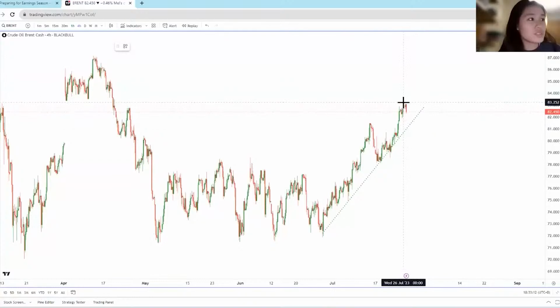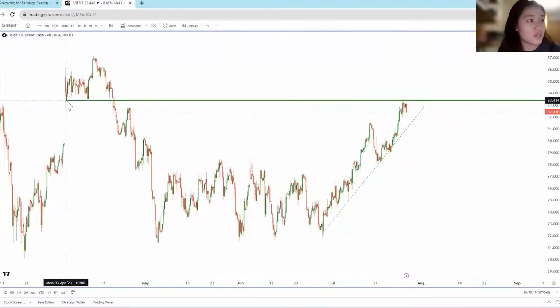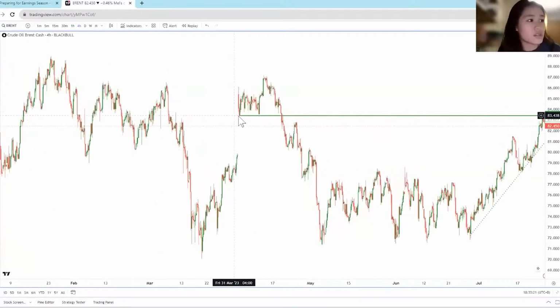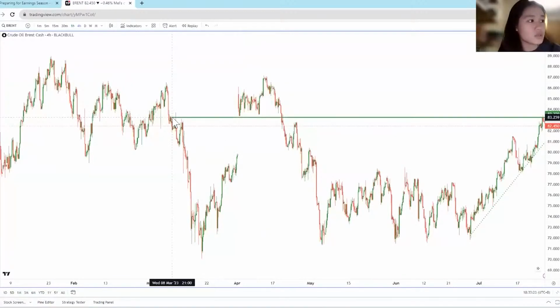Okay, so for my first resistance, I'm going to place it at the closest swing high to where price is currently at, and I'm going to try and pull it all the way back as far as I can without cutting too many candlesticks. Okay.